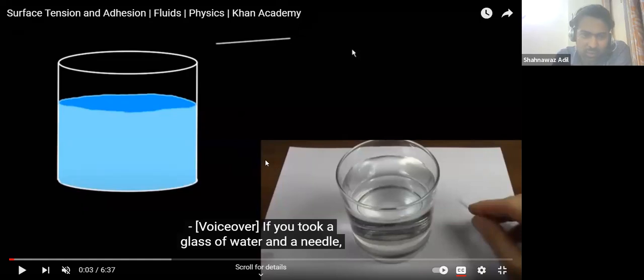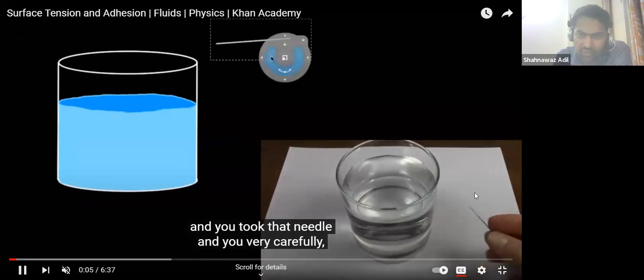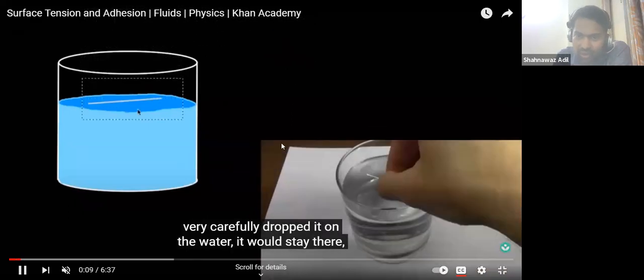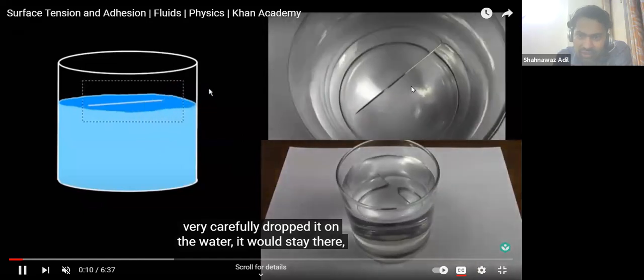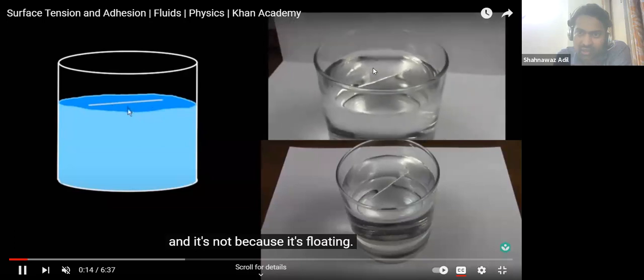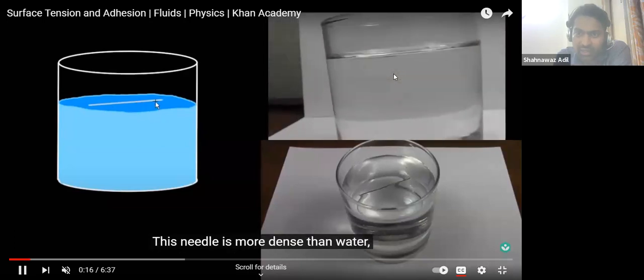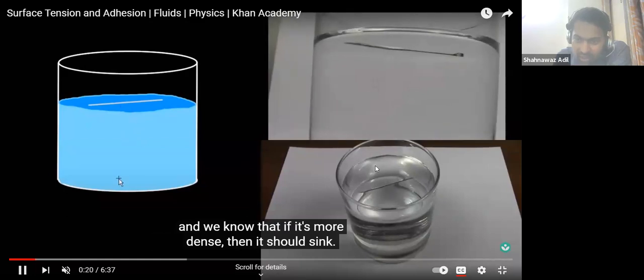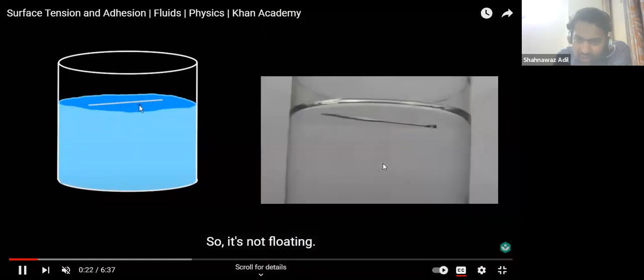And if you put this needle on the water, right? So it should sink. But you can see that this is not sinking. The density of this needle is high, right? But this needle is pulled towards these directions, right?